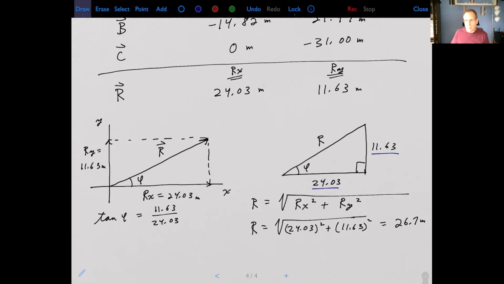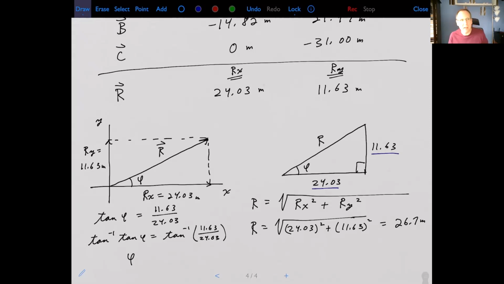But I don't want tan of phi, I actually want phi. So to get that, I have to do the inverse function of both sides. The inverse tangent of tan phi gives me that angle phi.